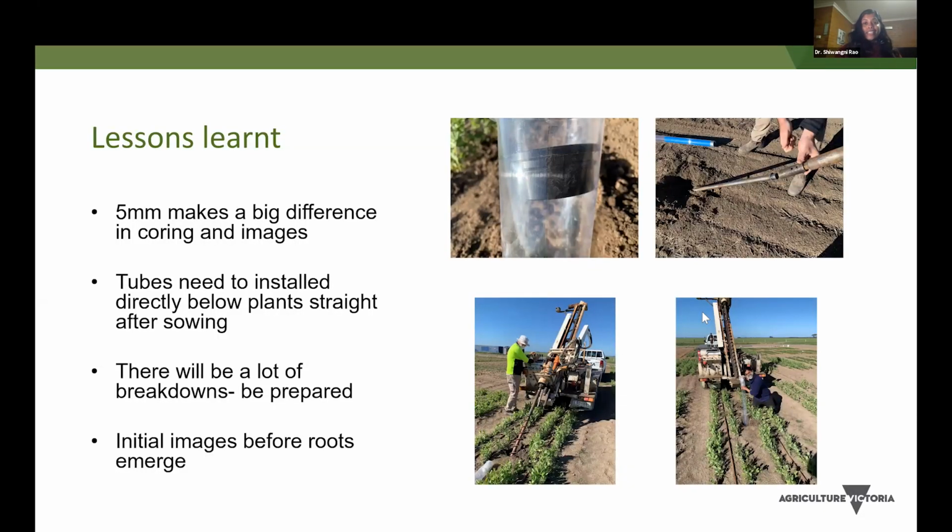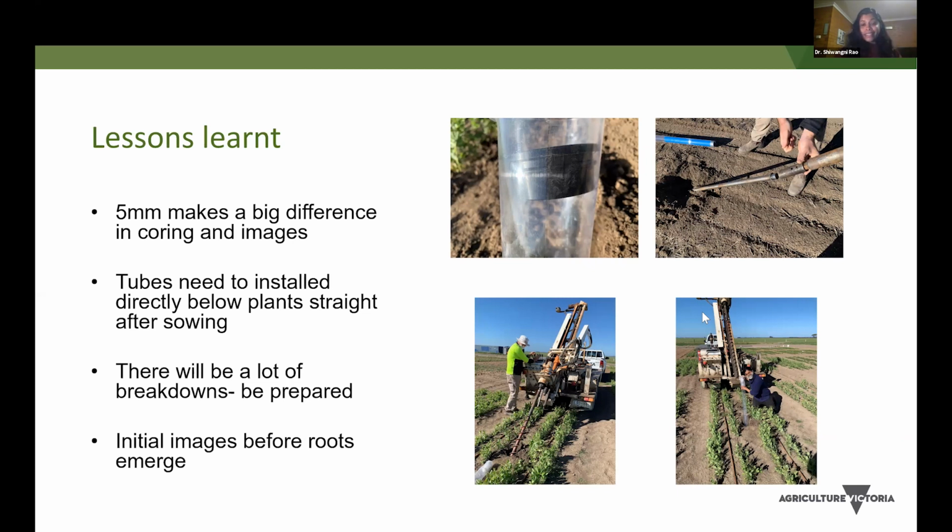Since this was done in 2020, there was a lot of difficulties. First of all, we planted our plants and things did not come in time. So there was quite a bit of delay. And as you can see, the plants are quite big in the bottom pictures when we started installing.